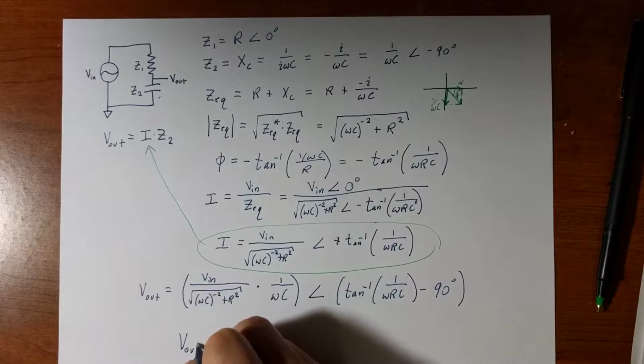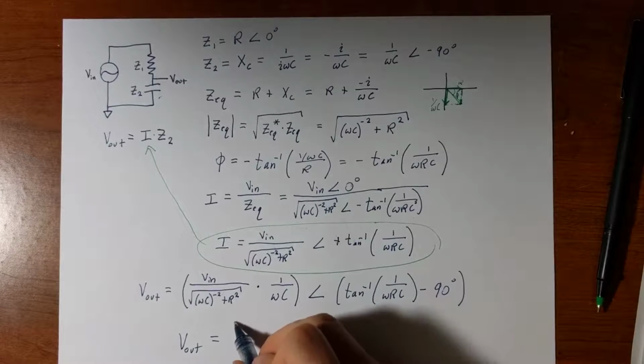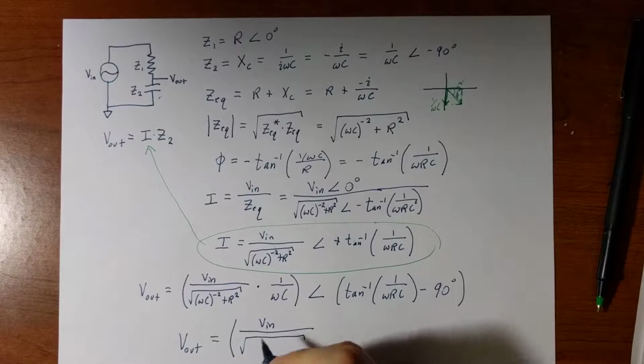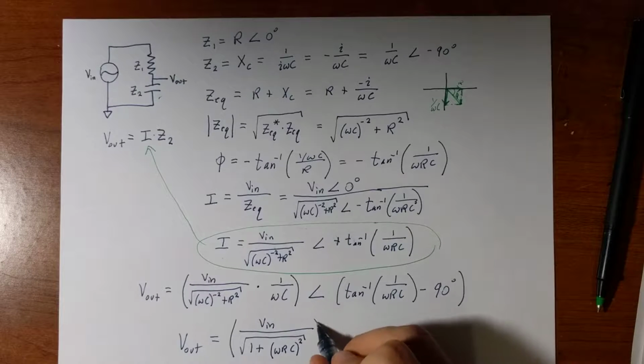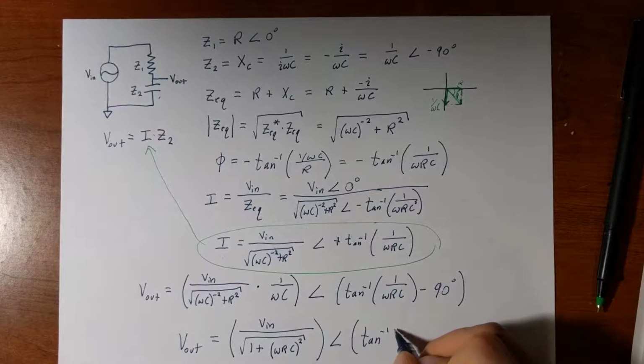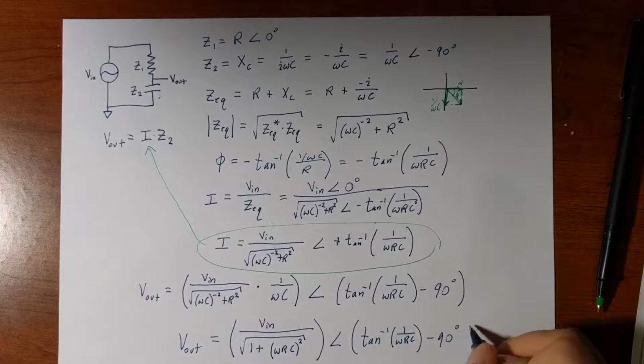And so I say that V out is equal to V in over the square root of 1 plus omega RC quantity squared at an angle of tan inverse 1 over omega RC minus 90 degrees.